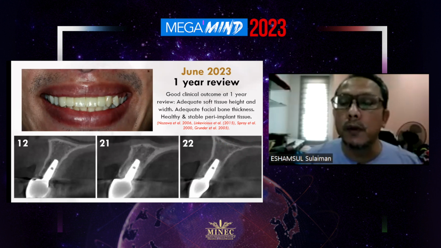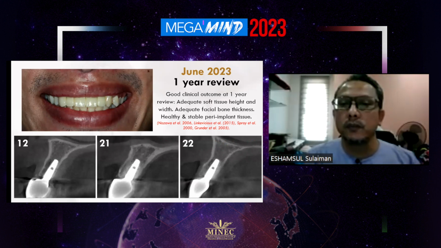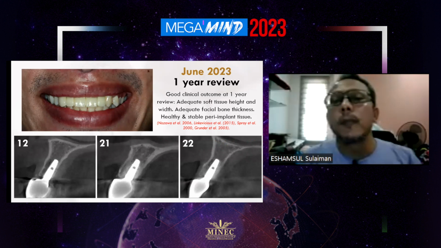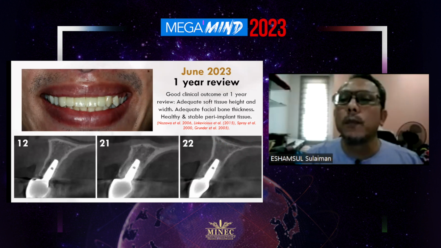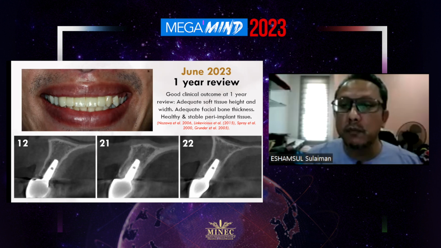And I'm sure for the long term to come, these parameters which were fulfilled will ensure the health and the stability of the peri-implant tissue, as has been shown by Zawa Linkevicius for the soft tissue thickness, and also Spray and Grunder for the facial bone thickness.